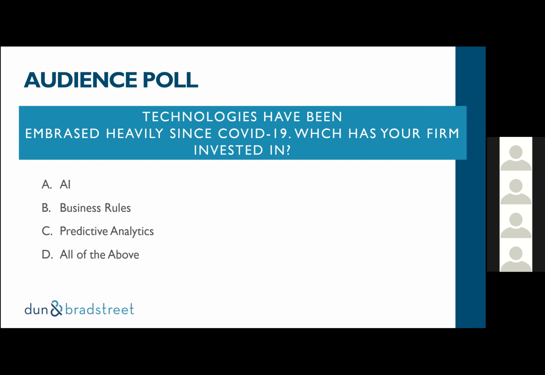Yeah, we're definitely seeing all of the above, and this is really very close to what we're seeing here as well. In today's world, it's really critical to leverage all the tools. Traditionally, a lot of the companies have been using rules engines, automated business rules, to detect fraud, and recently there is a shift toward leveraging AI, machine learning, and predictive analytics.